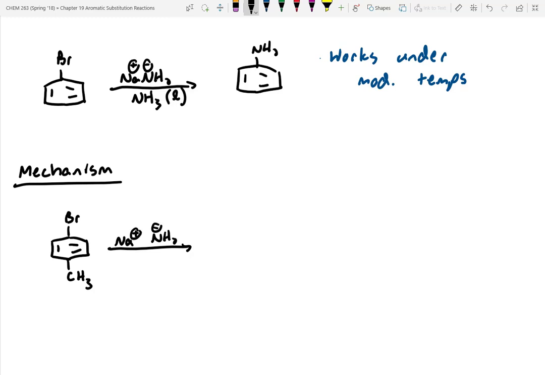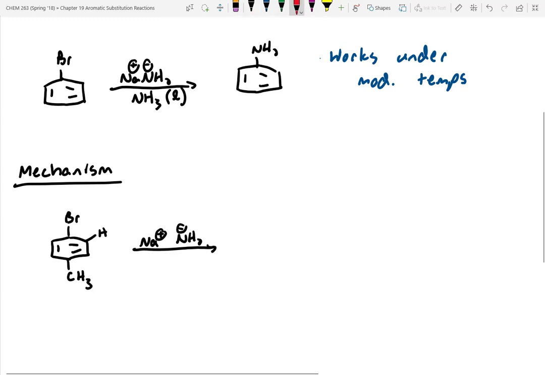And if we think about sodium amide, it's a really good nucleophile, but what else can it do? It's a good base, right? Oftentimes good nucleophiles are also good bases. So what's believed to occur is a deprotonation of an adjacent proton to your leaving group.